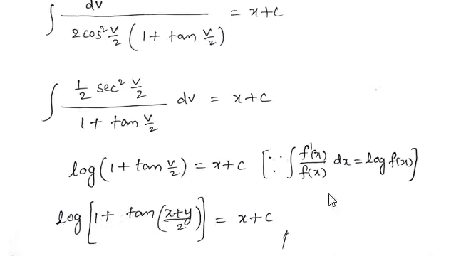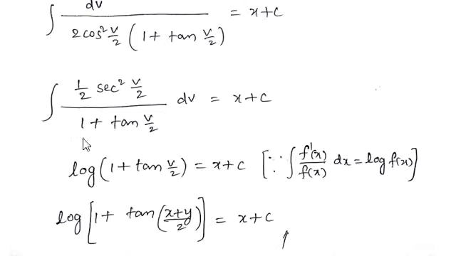We know the integration of f dash x by f of x dx is log of f of x. If you take this as f of v, it is f dash v, and its answer is log of f of v. So log of 1 plus tan v by 2 is the answer for the integration of this term.